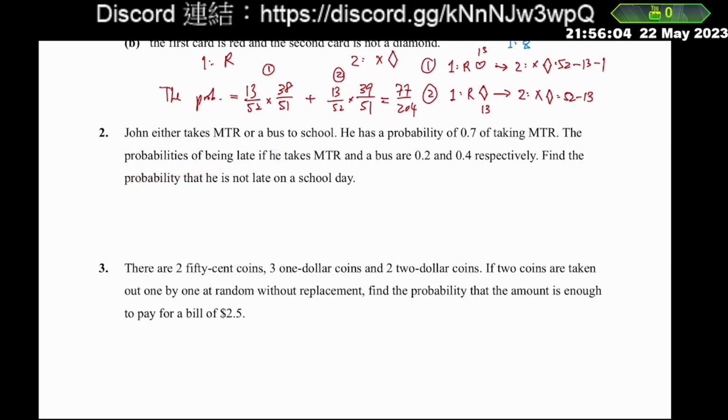And the combination of the probability will be the first one multiplied with the second one. So to handle questions of this kind, usually a tree diagram can be very useful.